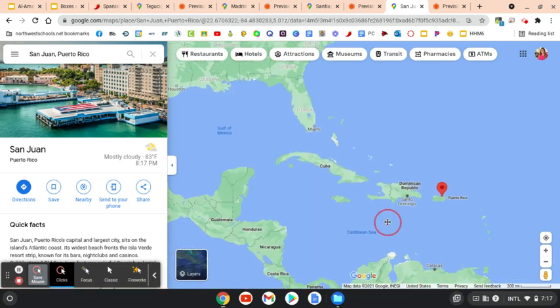Why? Porque las personas, the people that live in Cuba, la República Dominicana y Puerto Rico, las personas hablan español. They speak Spanish. It's their official language there. So usually when I talk about these places or the Caribbean, I usually only talk about these 3 places or I reference those places.